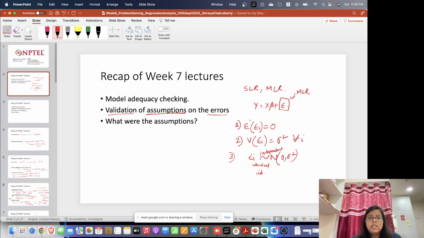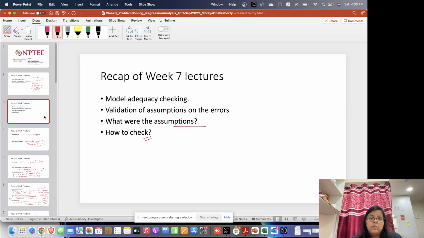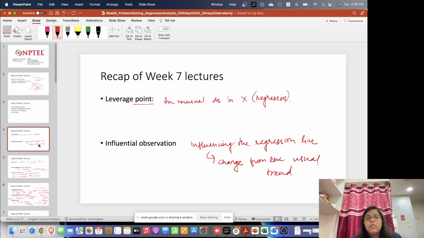Keeping these assumptions in mind, we devised the least square estimates, and we wanted to check if the assumptions do hold true.